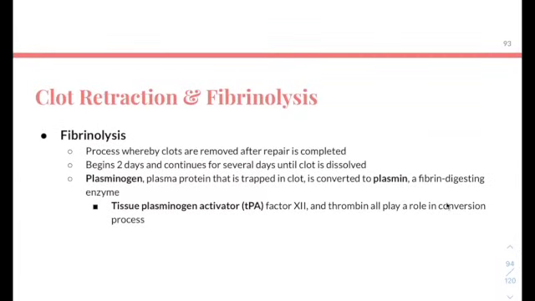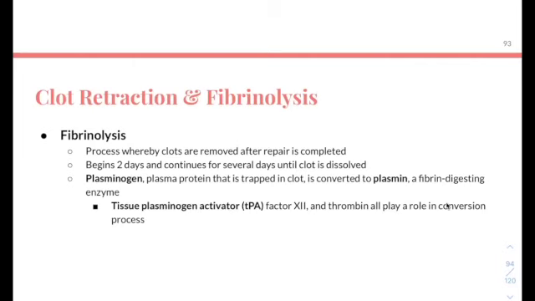We end up with fibrinolysis. It's where the clots are finally removed after everything is repaired. So that usually begins after 2 days, but it takes several days for that clot to finally be dissolved.